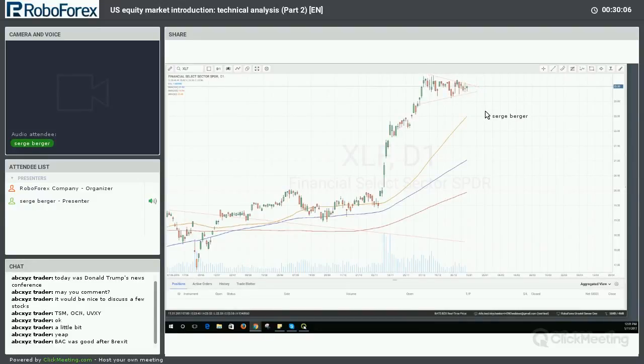Now, the point I was trying to make before is that it doesn't matter whether we call this a sideways consolidation pattern or a wedge pattern. The fact is that this stock is consolidating in a tight range, and it is consolidating basically sideways, right?